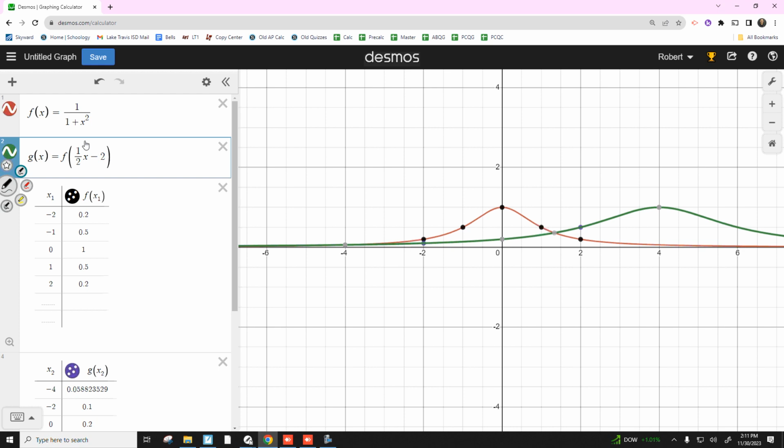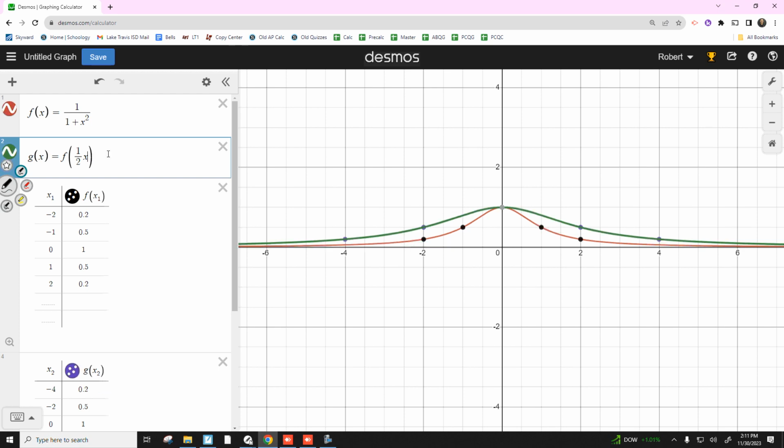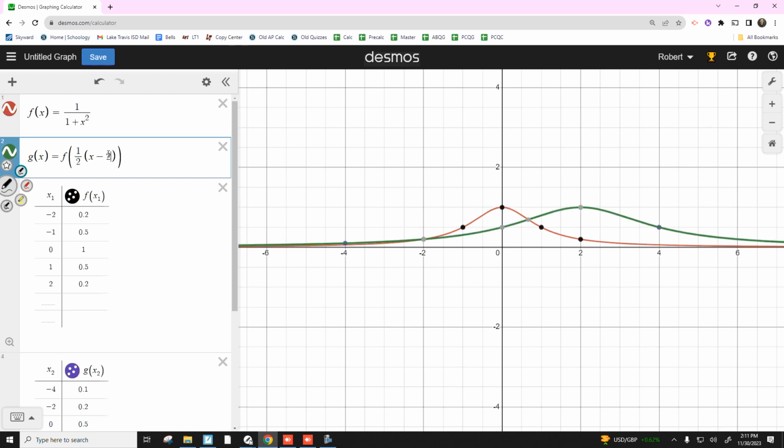Oh, hold the phone. It's the fact that this 1/2 x is the dilation. Let's take this x right there and subtract 2 in there. What ends up happening is that PEMDAS, that reverse order of operations, comes into play.